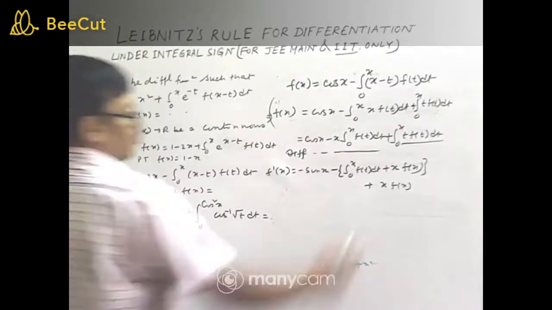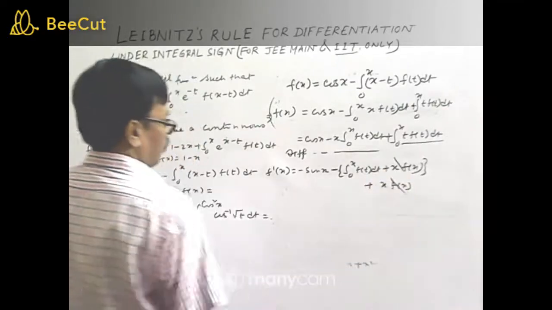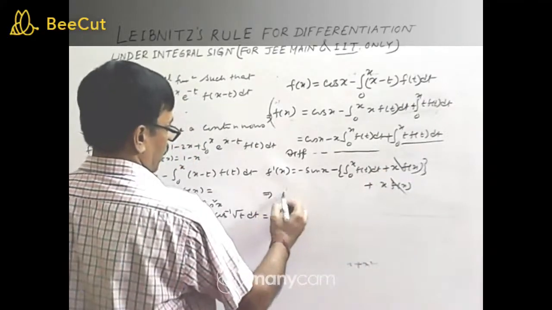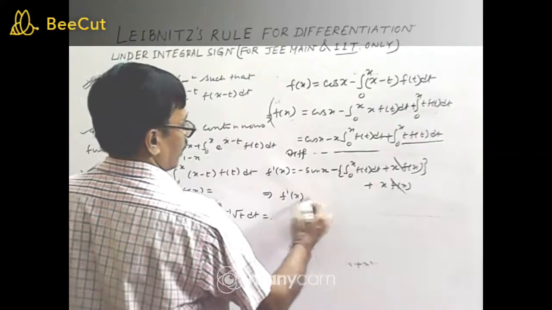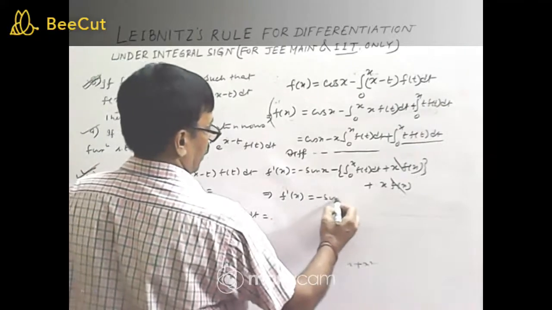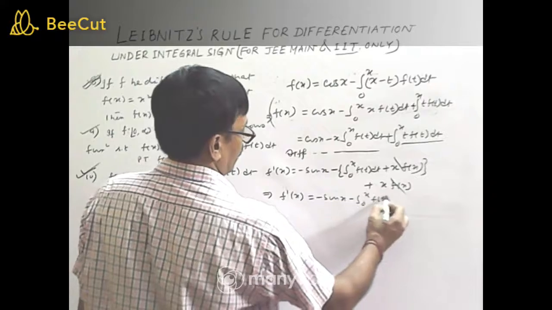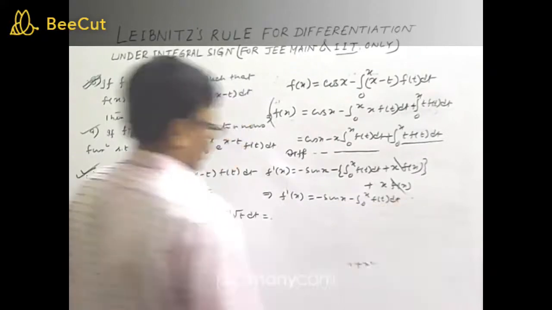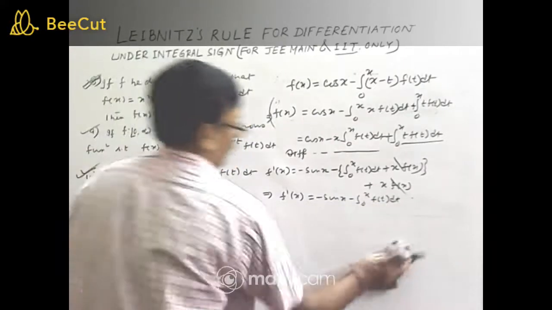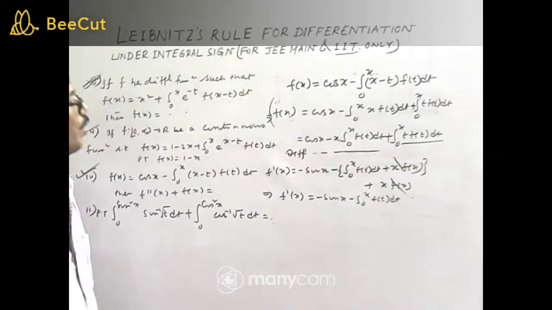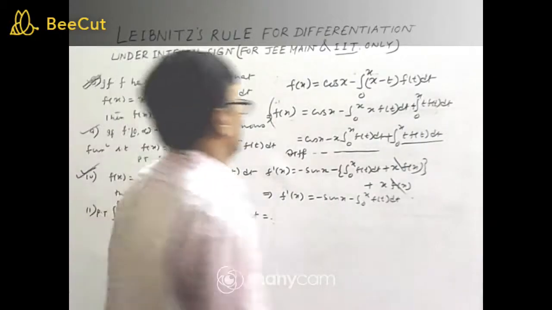So x into f(x) is cancelled out. So what we are getting, f dash x equals minus sin x minus integral 0 to x f(t) dt.